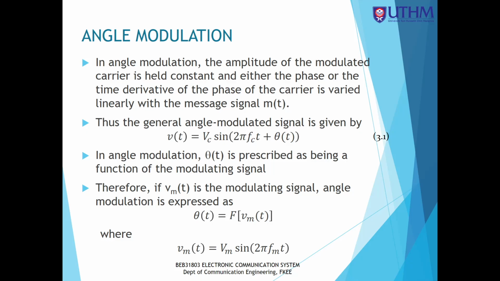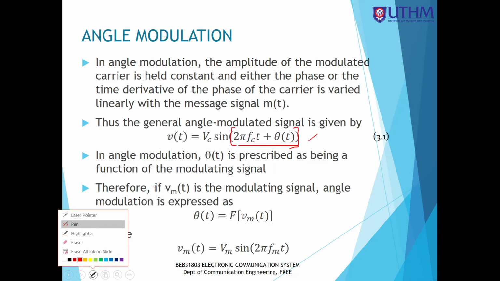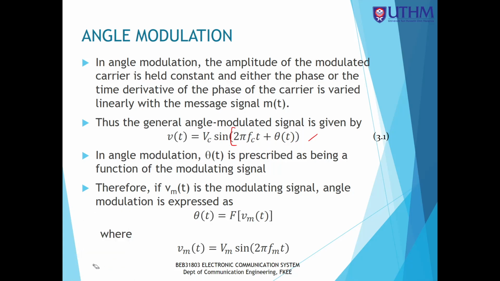So the general equation is Vc sine 2 pi fct plus theta t. So I would suggest students to make a big bracket like this, so that you don't make the careless mistake. Remember that all the parameters 2 pi fct and theta t belong to the sine function.